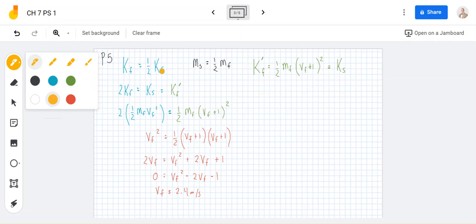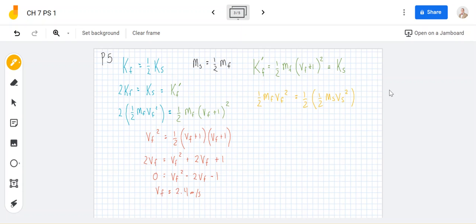I'm going to do it in orange. Bring this one over here. So what I have is the kinetic energy of the father, which is 1/2 mass of the father, v father squared, is equal to 1/2 the kinetic energy of the son, which is 1/2 mass of the son, v son squared.